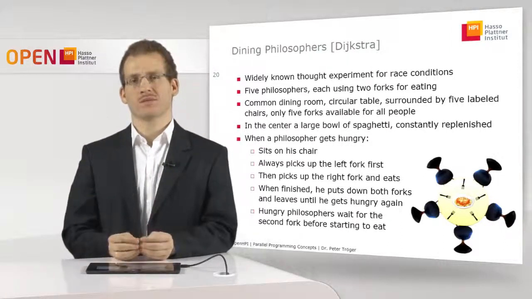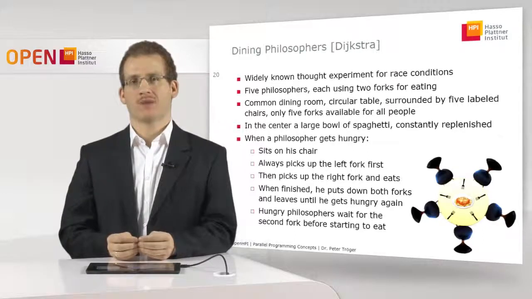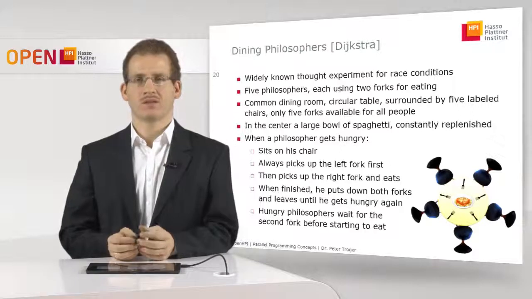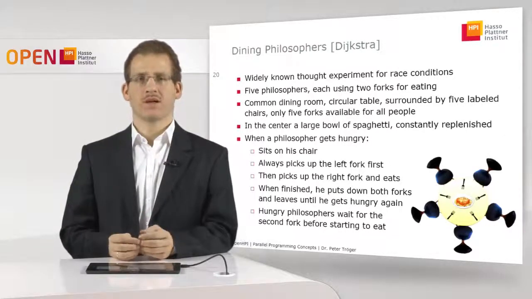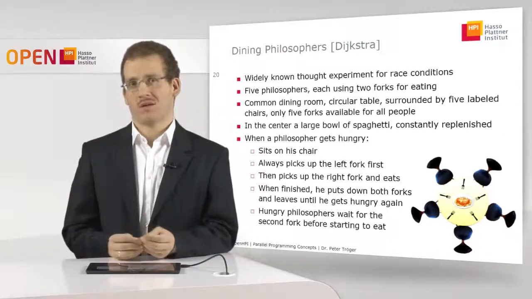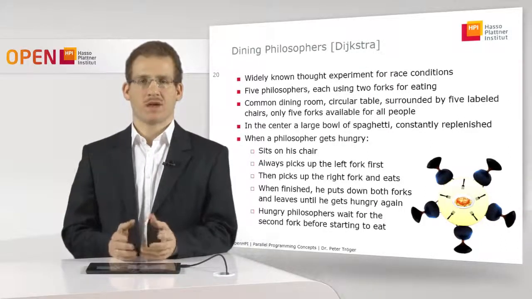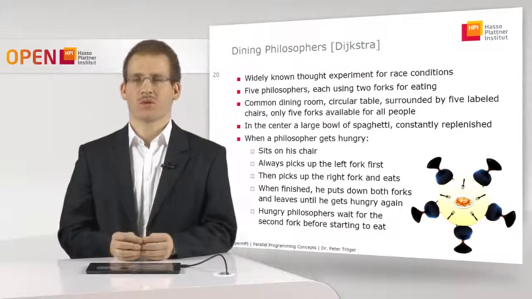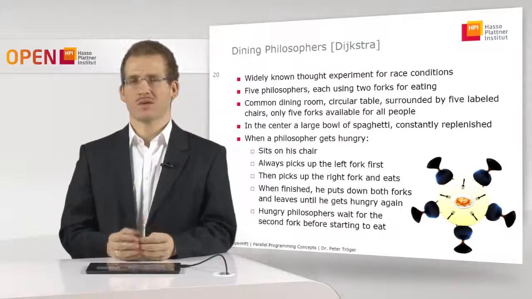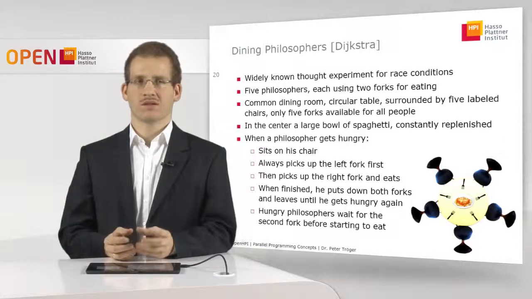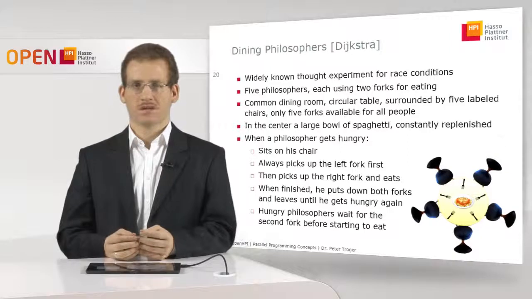The dining philosophers work in a way that you have a thought experiment, and in this thought experiment we assume that we have 5 philosophers that are normal humans, so they get hungry from time to time despite doing their work and thinking about the world's problems. And when the philosophers want to eat, there's a separate eating room, and in this eating room they have a circular table which is surrounded by 5 labeled chairs.